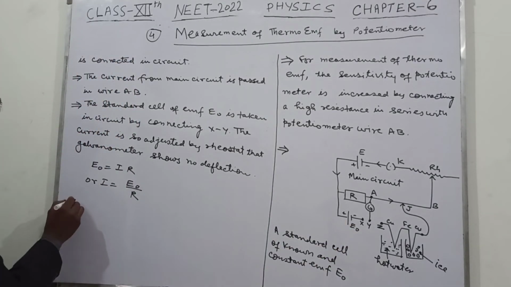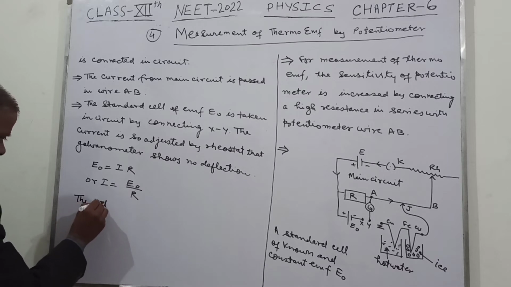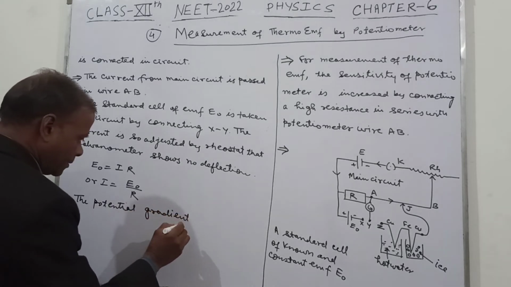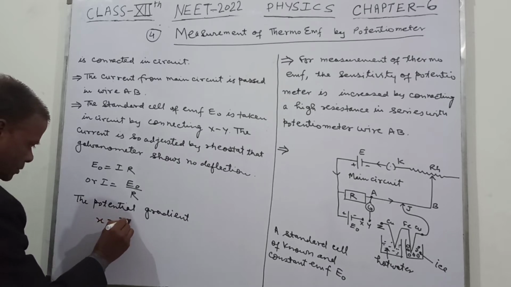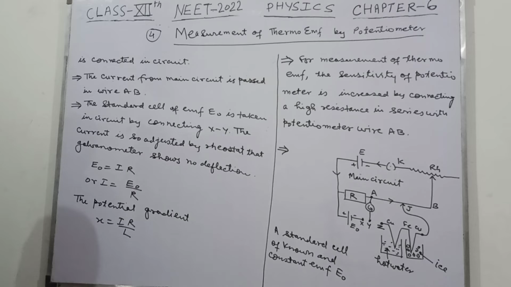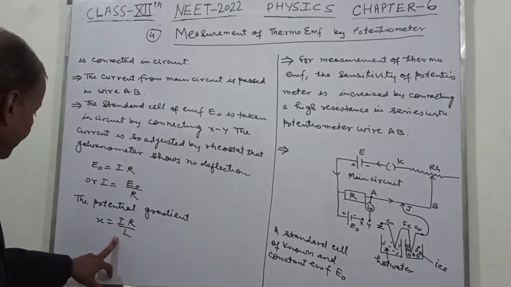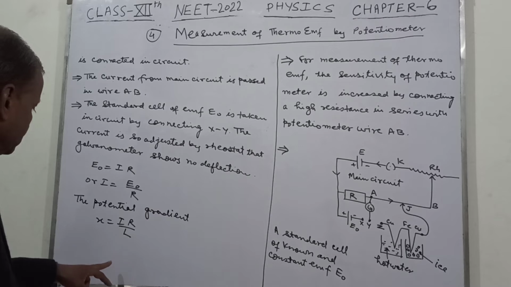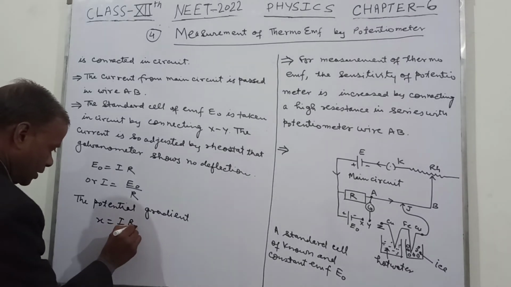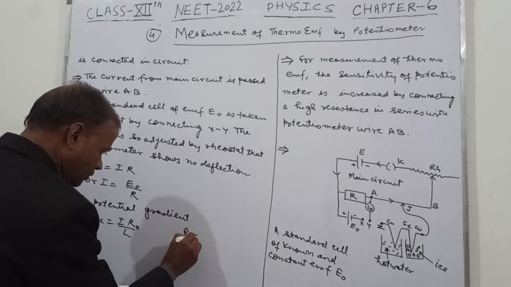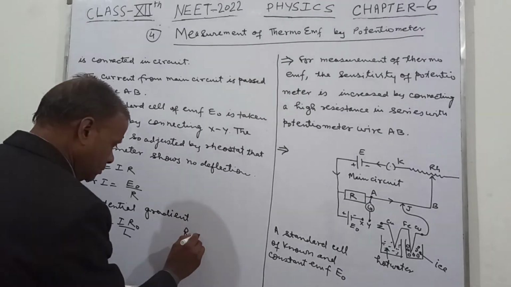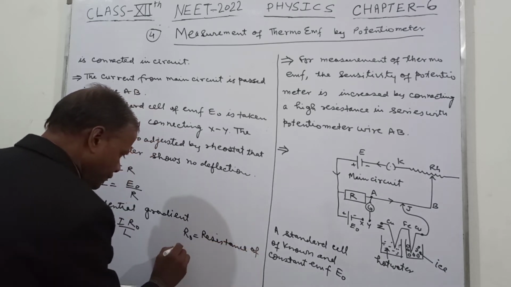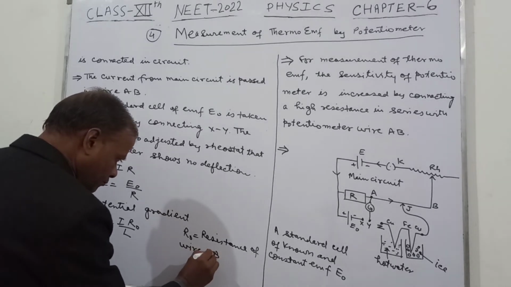So now the potential gradient X equals I R0 upon L, where R0 is the resistance of wire AB.